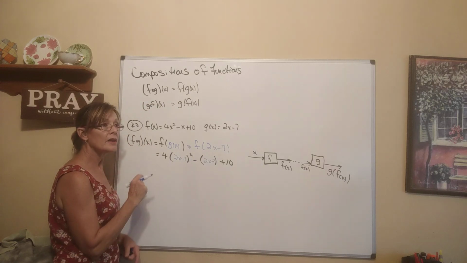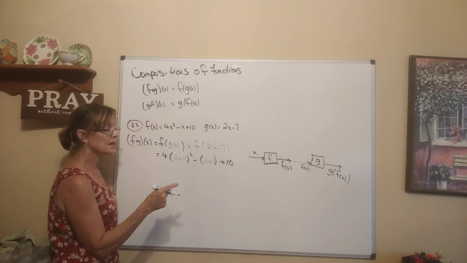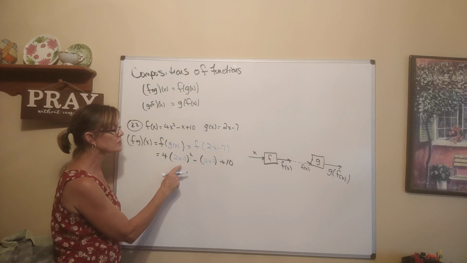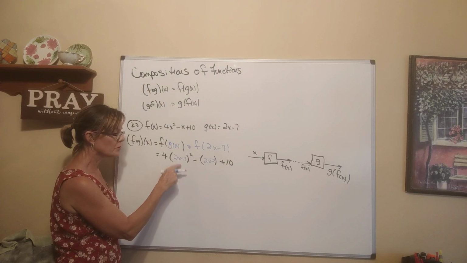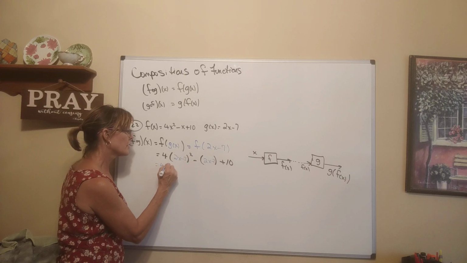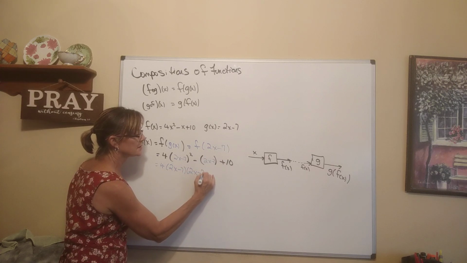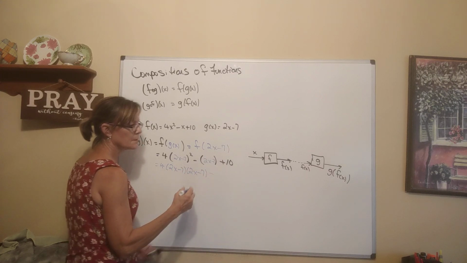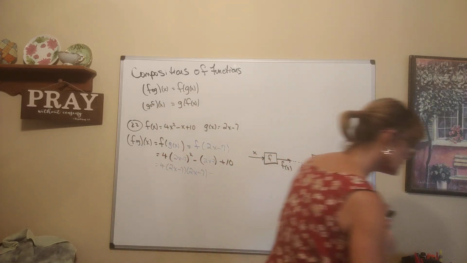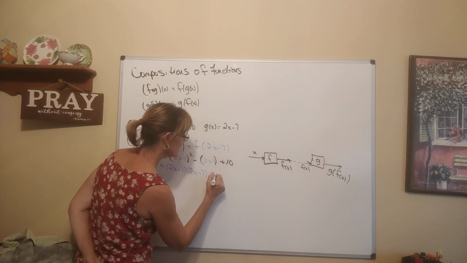Now when I evaluate this, you use order of operations. When I see a parentheses, these are not like terms, so there's nothing to do in the parentheses. So I move on to the exponents. I must square that. So this is going to be 4 times (2x minus 7) times (2x minus 7) minus (2x minus 7) plus 10.